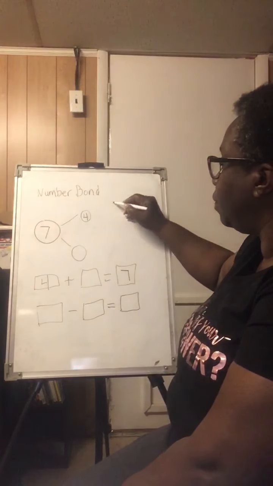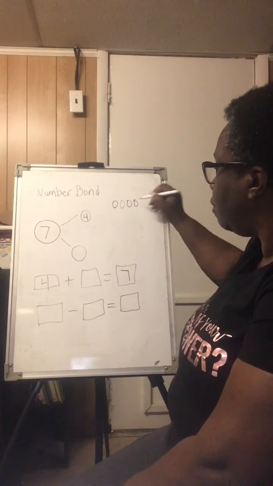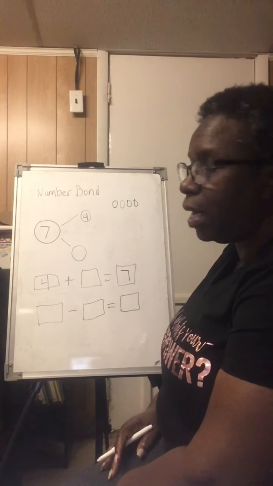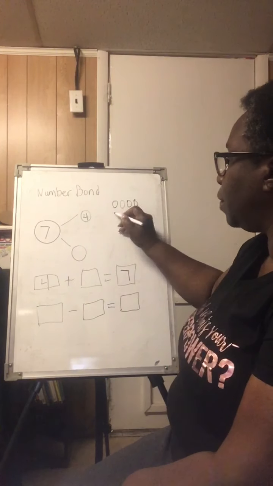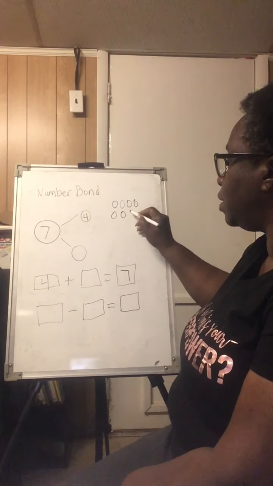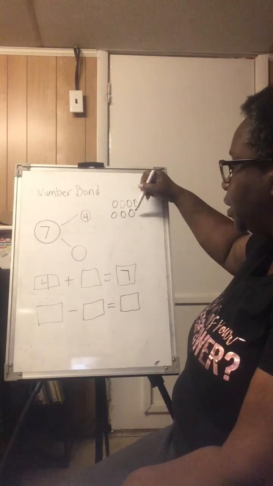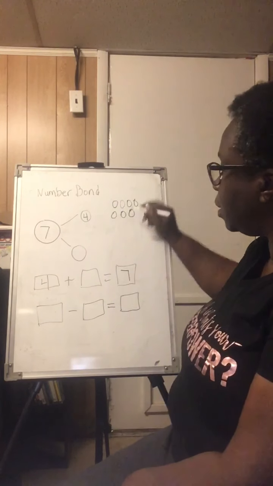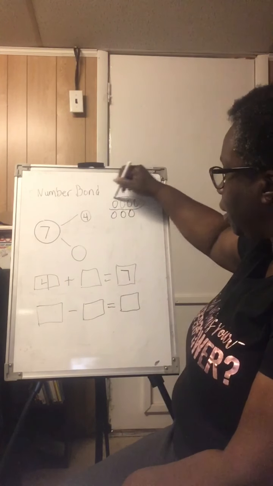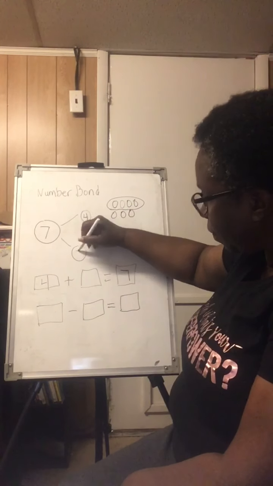So if I had 1, 2, 3, 4 circles, how many more do I need to make 7? 4, 5, 6, 7. 1, 2, 3, 4, 5, 6, 7. So this is our 4 right here, and we added on 3.